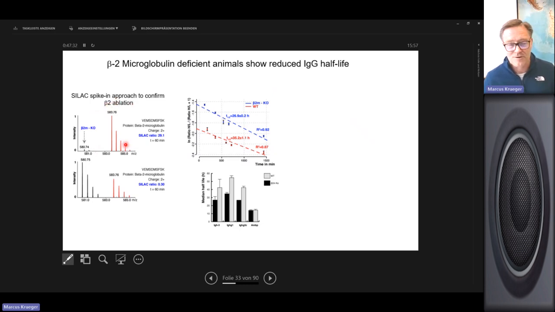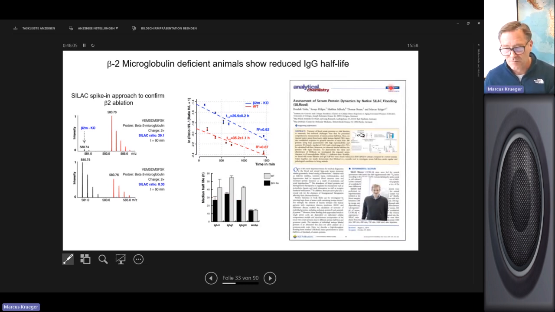Using a normal heavy spike-in, what we see here is the spike-in of the beta-2 microglobulin from the heavy mouse, and we don't see any beta-2 microglobulin in the knockout, whereas the wild-type has some. Then we calculated the half-life of the IgGs in the wild-type and beta-2 microglobulin mice, and overall we see a trend that these IgGs have a reduced half-life in the beta-2 microglobulin mice, these 3 IgGs, and we have some other cases.